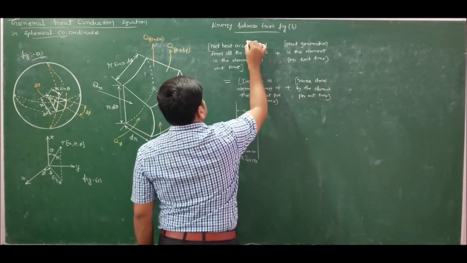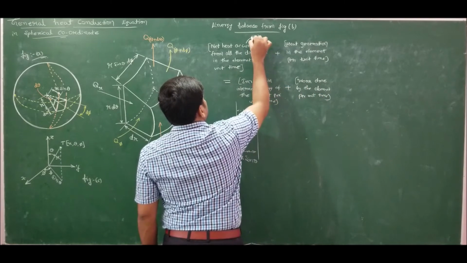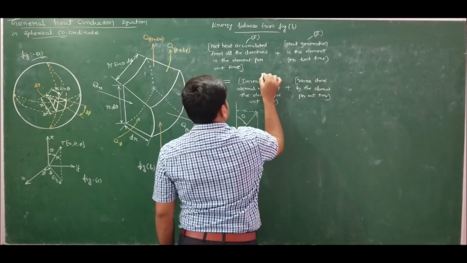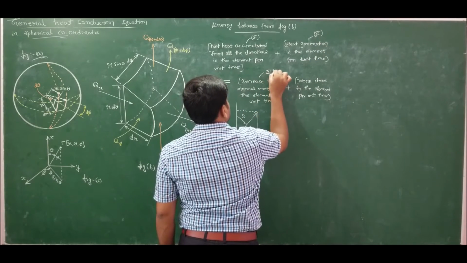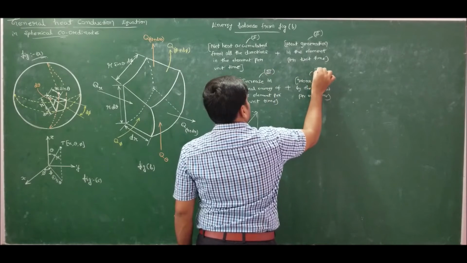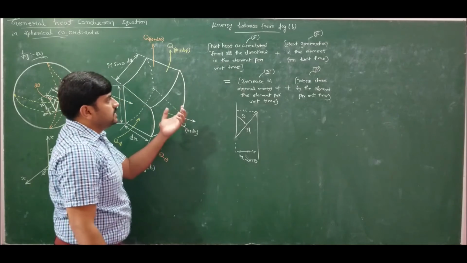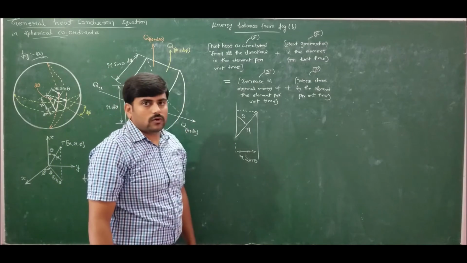Now let us consider this as term 1, this as term 2, this as term 3, and this as term 4. Now sum of first and second term is equal to sum of third and fourth term.